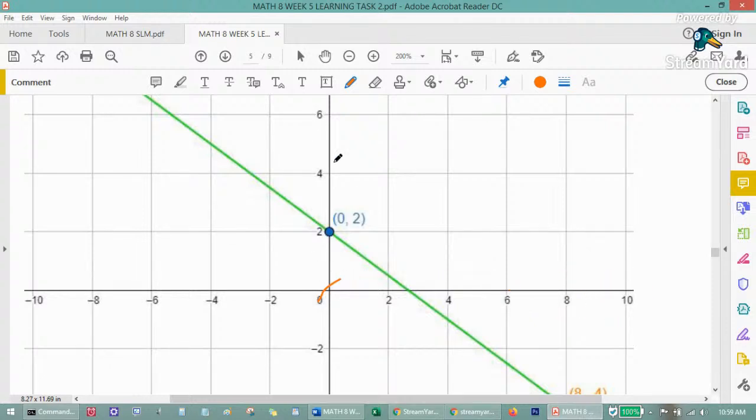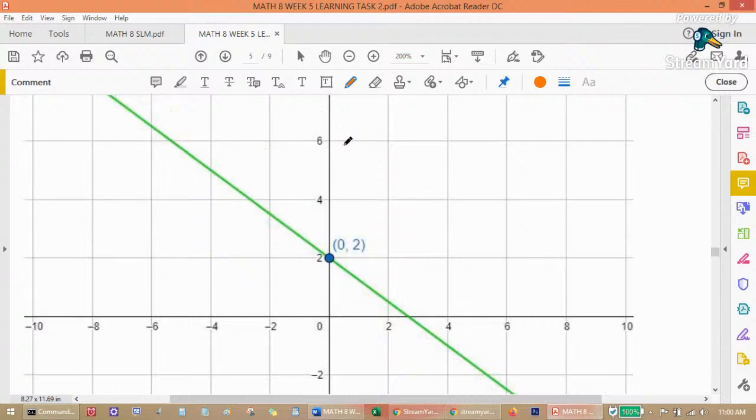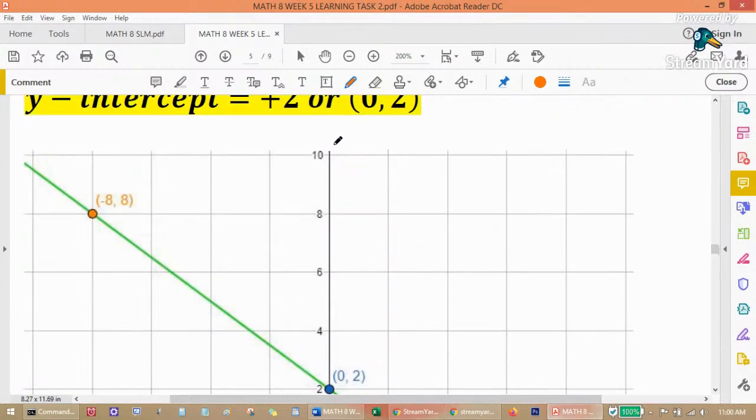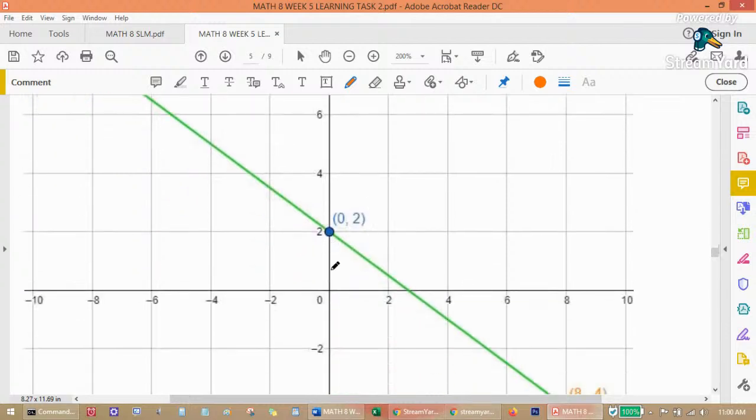Ganun din sa y-axis, by 2 units yung mga square. So, pwede yun.